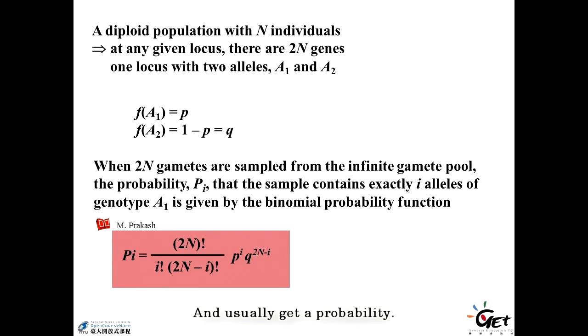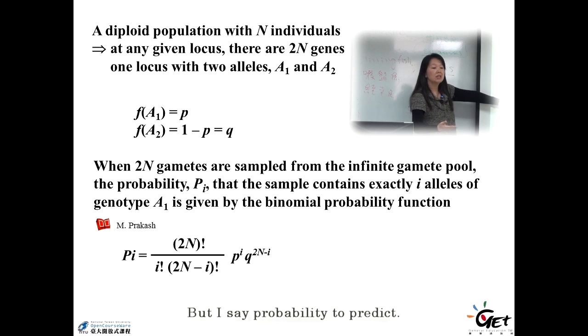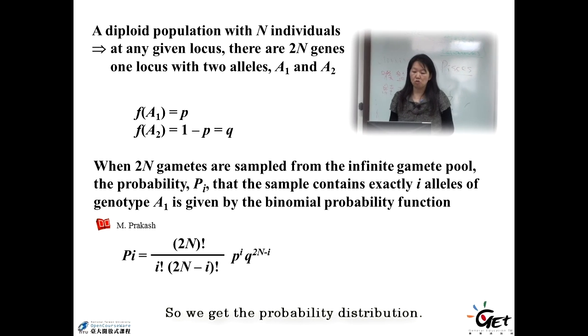Usually we get a probability, for example to predict: what's the probability to get A1 at a frequency of 0.5? Or what's the probability of A1 at a frequency of 0.4, or 0.3? So you get the probability distribution.